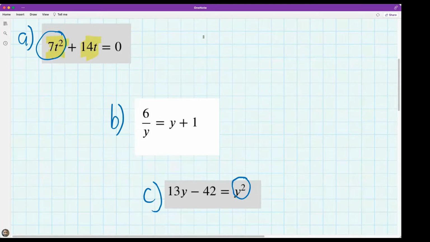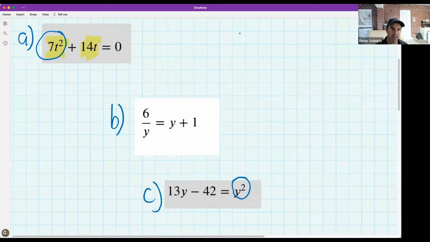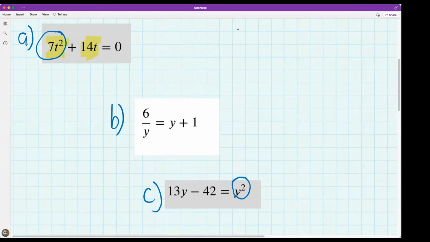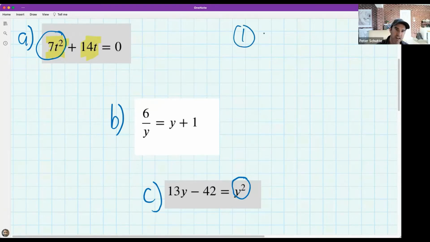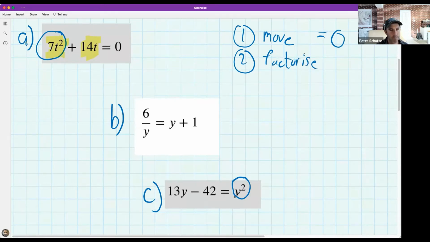And I think possibly what I should do is give you a checklist for that. So step one is, if it's not an easy quadratic, move everything until you get 0 on one side. Step two is to factorize. We did this at the beginning of the last lesson.